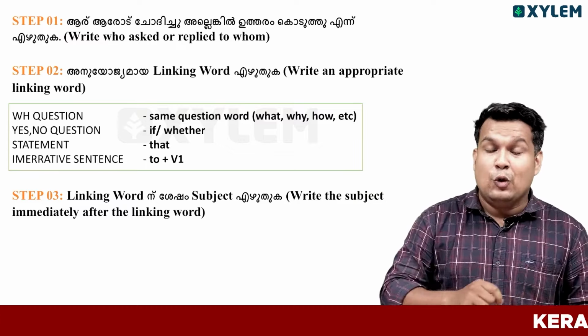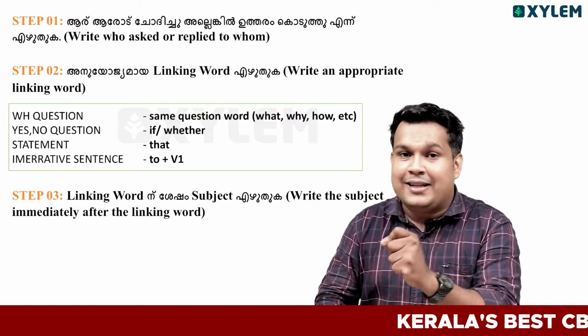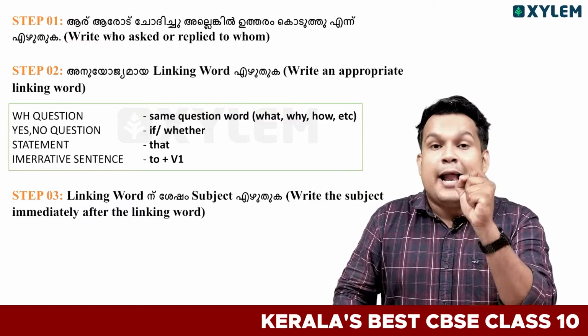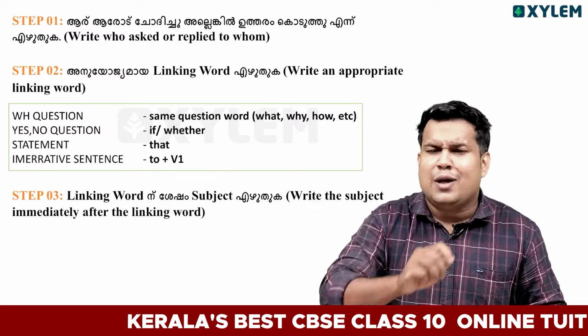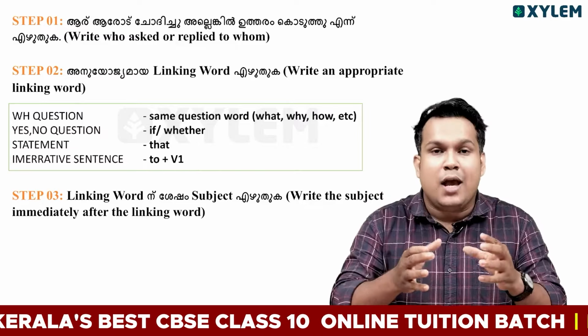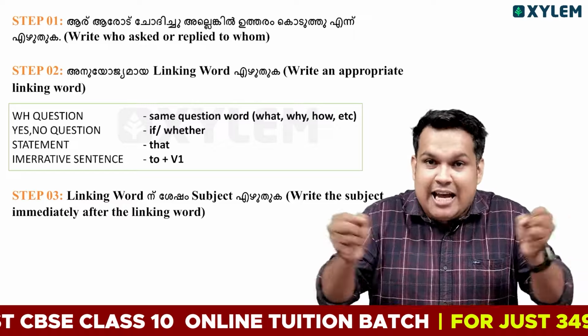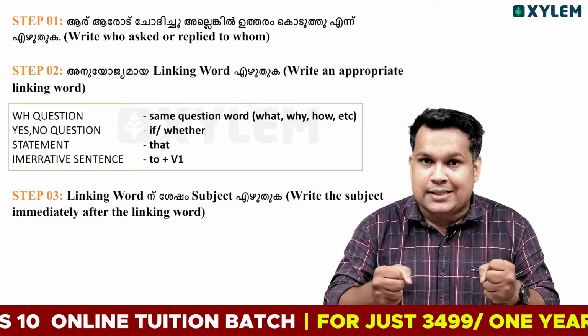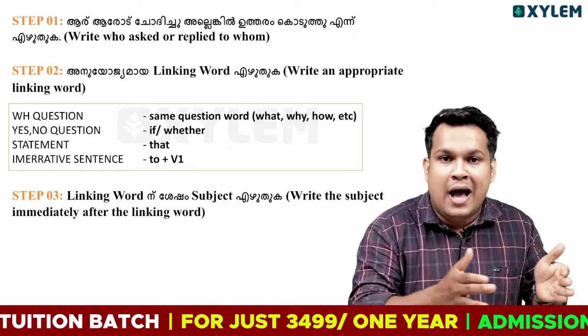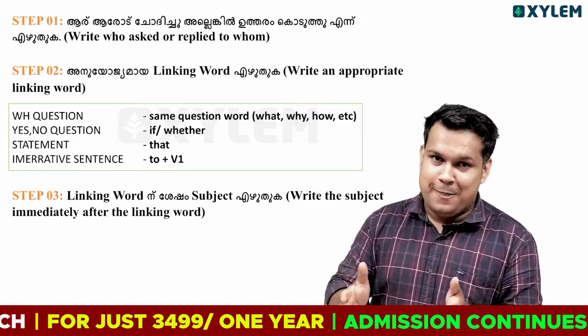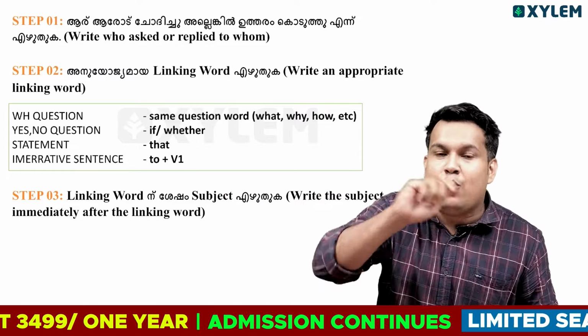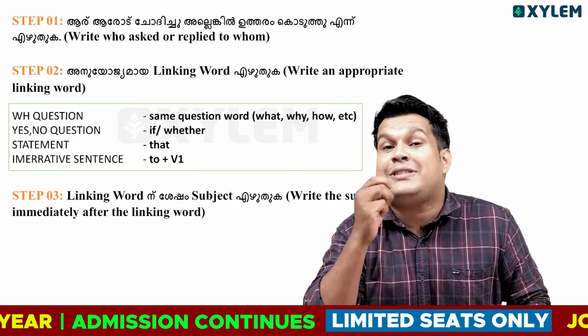And step number 2, immediately after writing that, you need to write an appropriate linking word. So what is a linking word? A linking word is a connection word that links who asked whom and what is being asked. There is a linking word, and it varies according to the type of sentence.